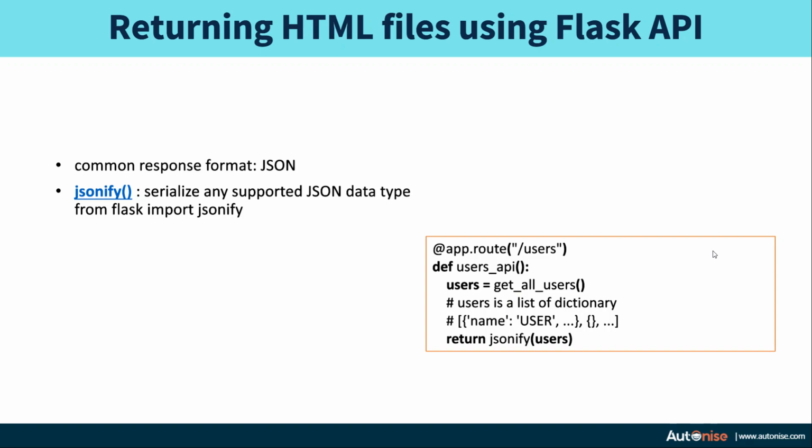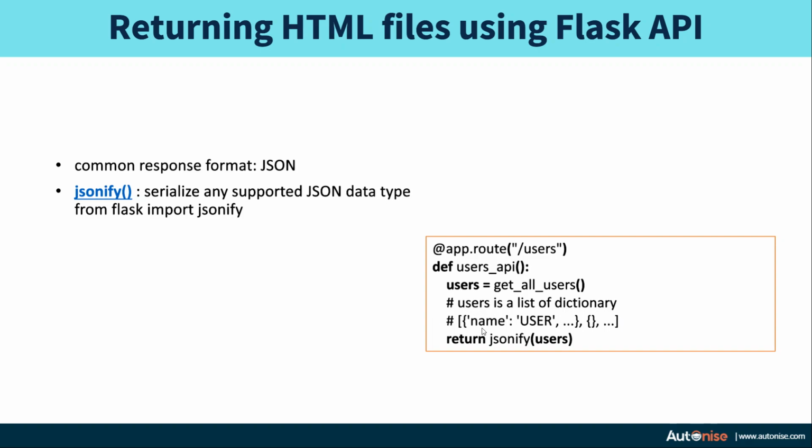Your database can be a MongoDB or a JSON file in which you have stored the entire information and you get all the users. The users is a list of dictionaries with an example like this. So it will have the key name having value user, maybe you can have the age, password hash, and so on inside this dictionary.